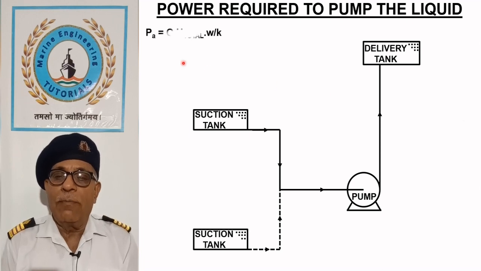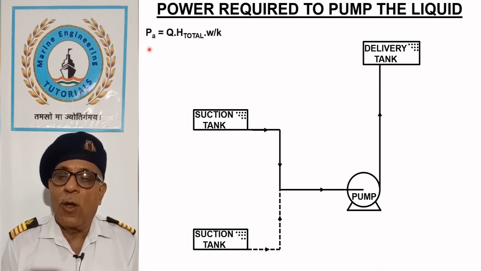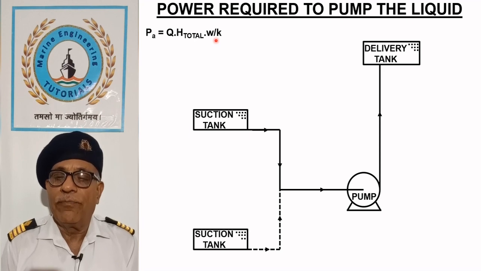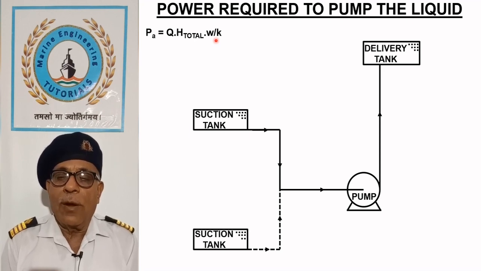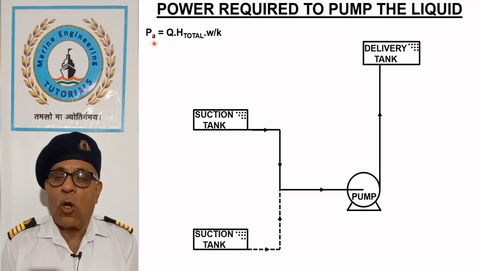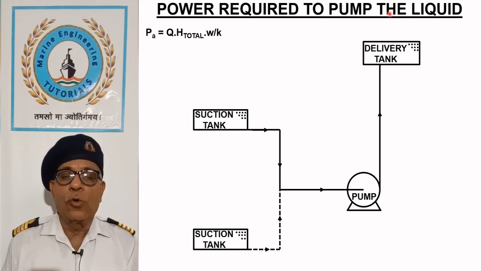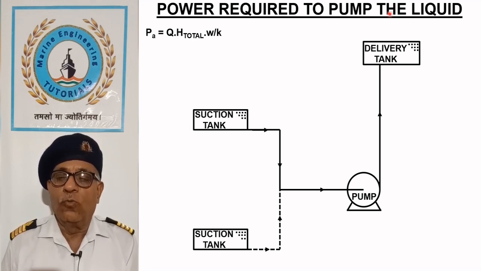Power required by the pump can be calculated from the formula PA is equal to Q into H total into W by K, where PA is power absorbed in kilowatt, Q is quantity delivered in liters per second, H total is the total head in meters, W is the density of the liquid in grams per milliliter, K is equal to 1.102, which is constant.